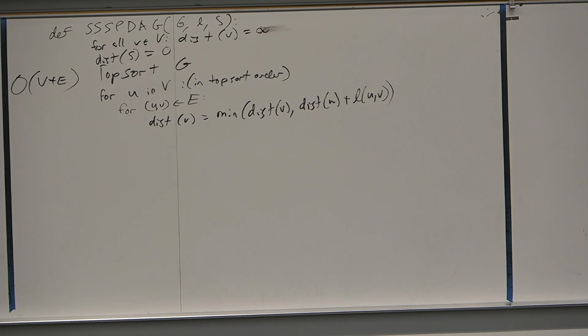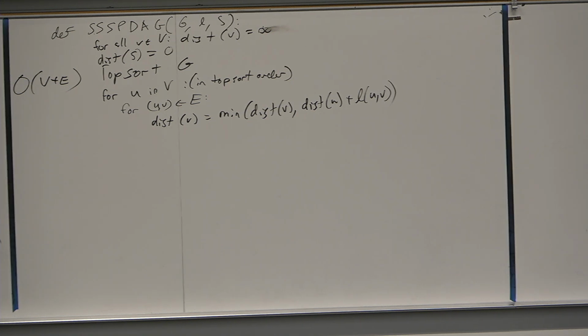But when you say top sort, you get to use all the properties of top sort, and you get the proof of correctness for free, essentially. Faster or slower than Dijkstra's? Faster. Dijkstra's was V plus E log V, so this is just V plus E. It's as fast as linear time. Top sort is what really takes the most time.